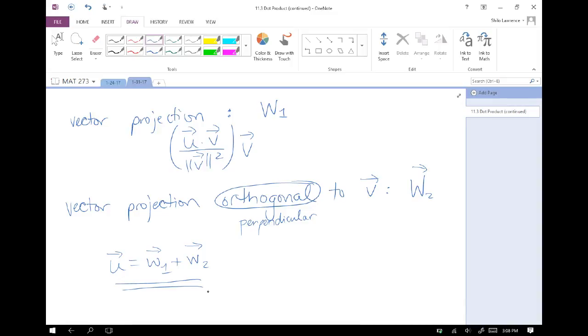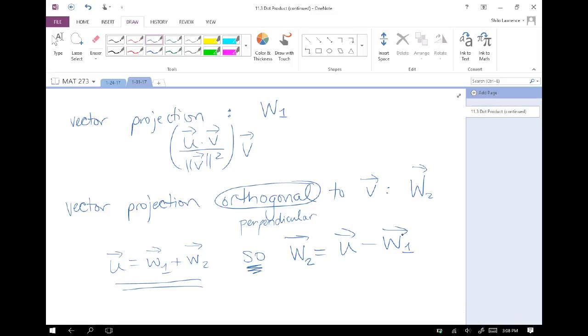We'll have two of those three pieces in that addition problem, and we could just subtract to find W sub 2. W sub 2 is just U minus W sub 1. So there's no fancy formula for finding the vector projection orthogonal to V.